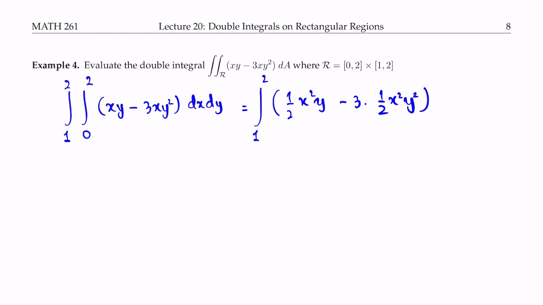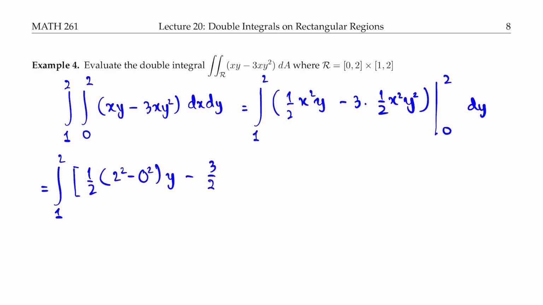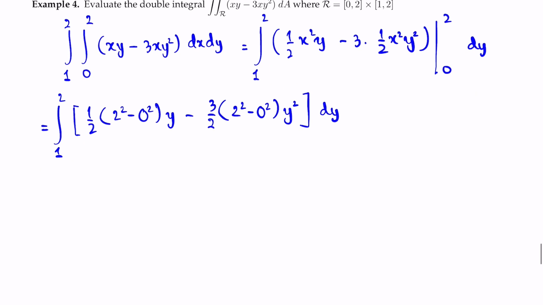Now you're going to evaluate the function at 0 and 2, and you get the integral from 1 to 2 of 1/2 times (2 squared minus 0 squared) times y minus 3/2 of (2 squared minus 0 squared) times y squared dy. Do a quick calculation. We're going to see that the integral becomes the integral from 1 to 2 of 2y minus 6y squared dy.